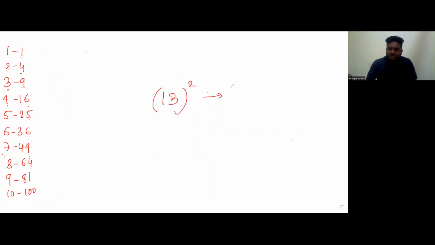And what is 23 square? 529. But you started struggling, you were not able to solve 23 square easily. Then how to solve it using a trick? I'll teach you the trick.